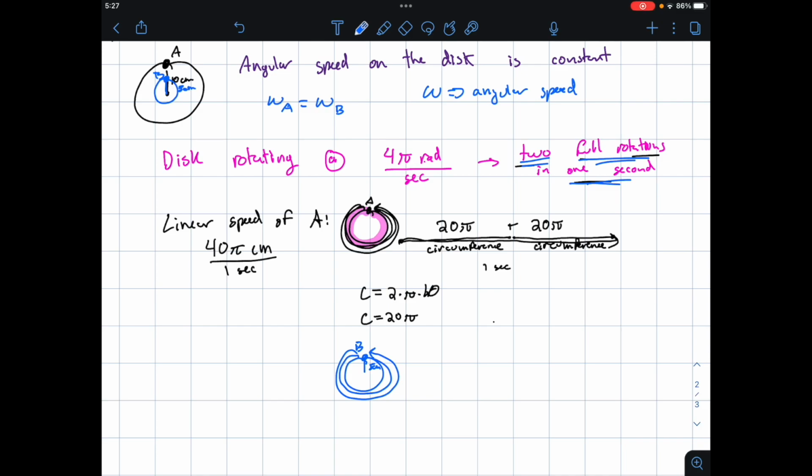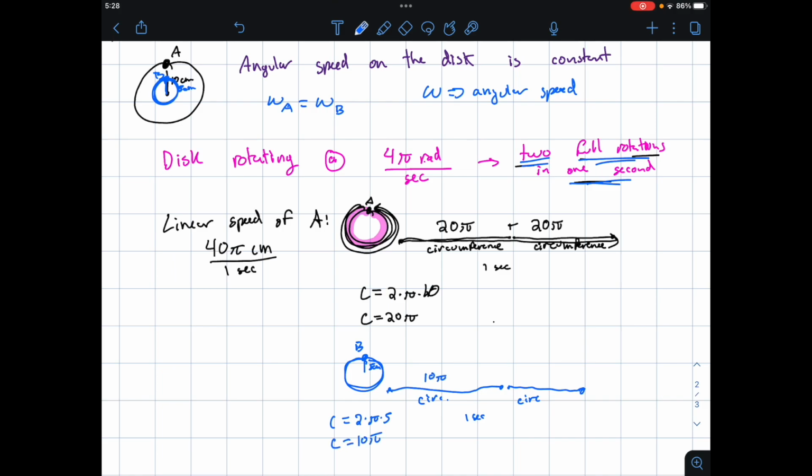And so if we unwrap B's circumference, if we go around once, that is like going 1 circumference. And then if we go another time, it's like going around a 2nd circumference. And so in 1 second, we go 2 circumferences around B's inner circle, because that's the path that B is tracing. The circumference of the circle that B lies on is 2 times pi times 5, which ends up being 10 pi.